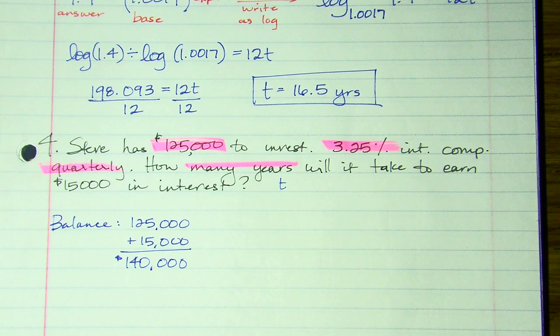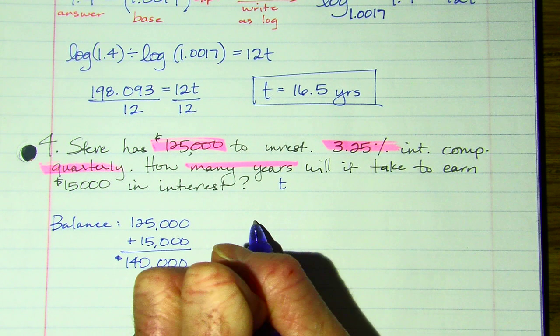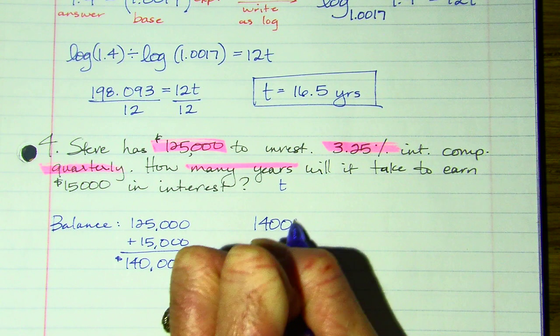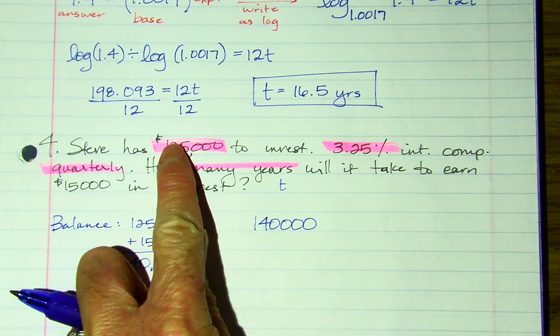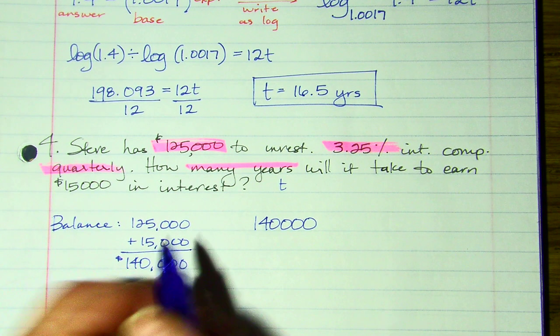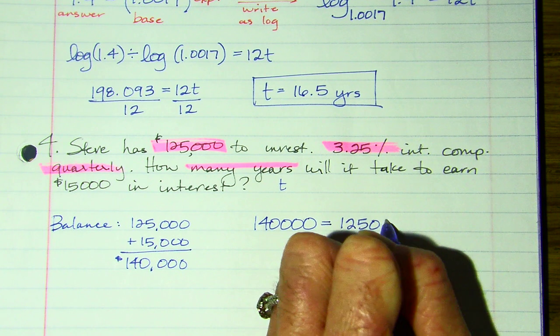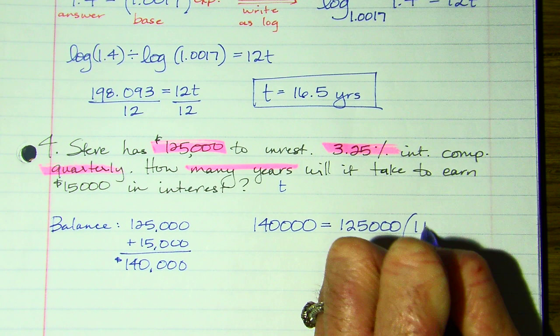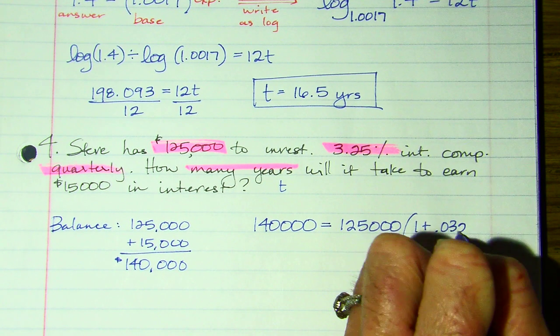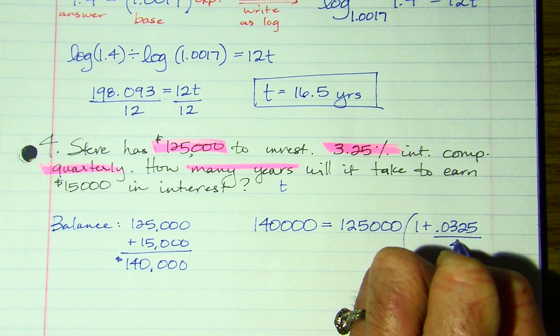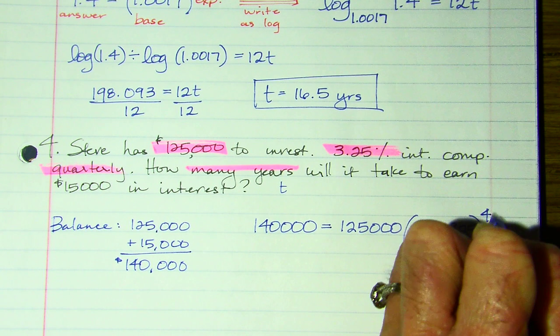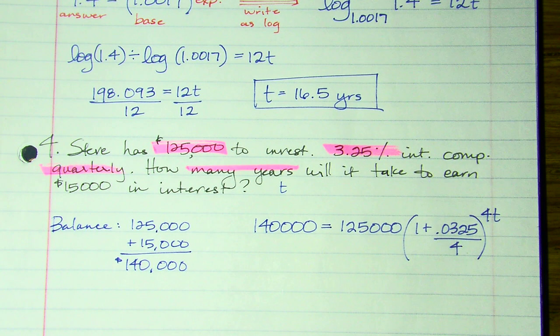So here we go. I want $140,000 in my account, what I deposited plus the interest. I'm going to deposit $125,000, 1 plus my rate, quarterly is 4, and I don't know how many years, so 4 times t.